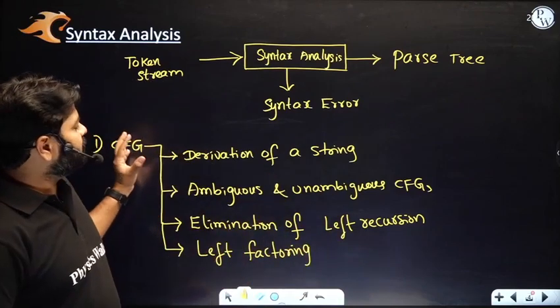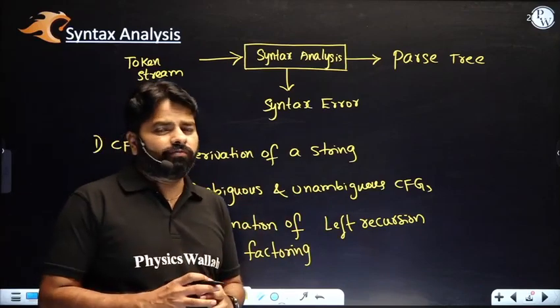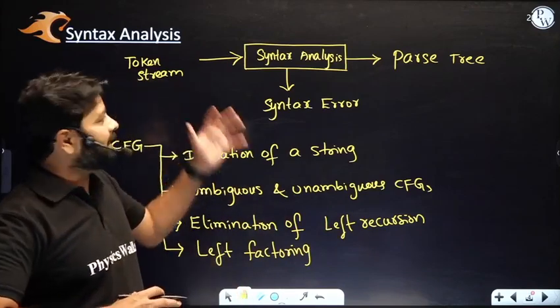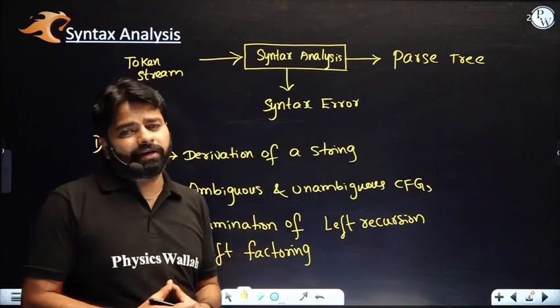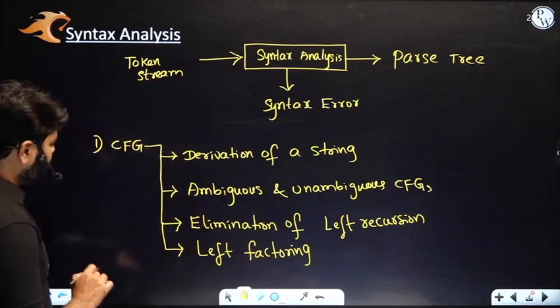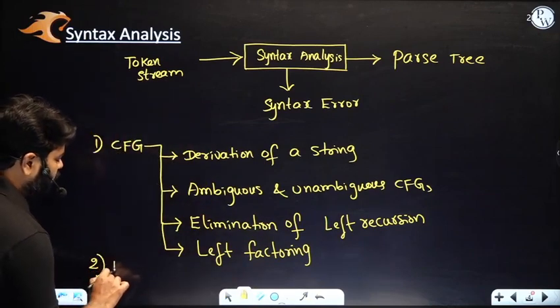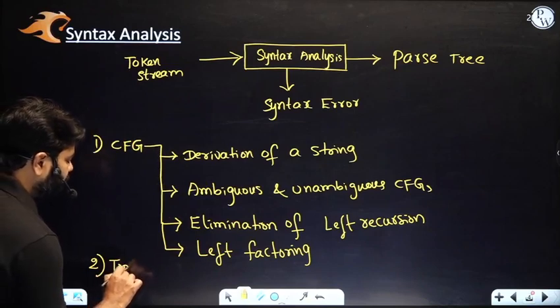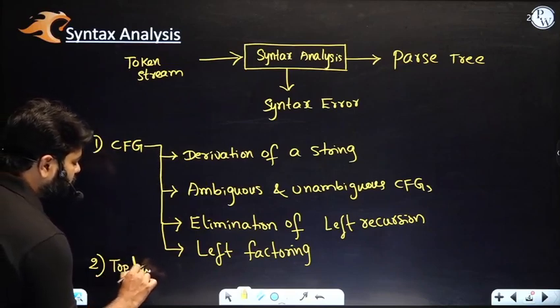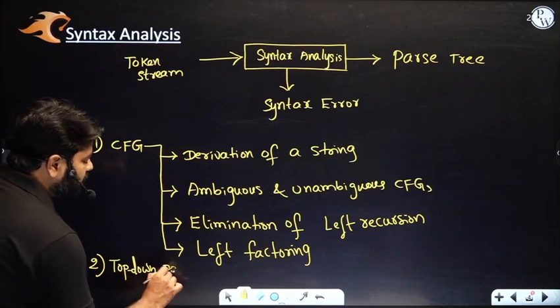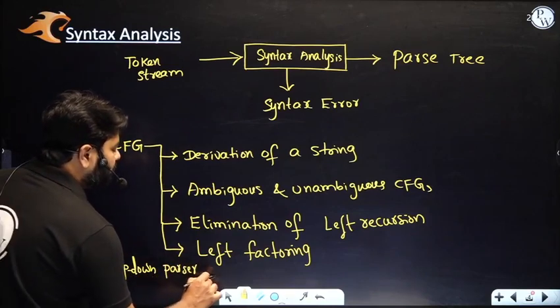Fine. This is the first topic. We'll learn about the basics of the syntax analysis. For that, you require a context-free grammar. Once you learn the context-free grammar, we'll move to the top-down parser as well as bottom-up parsers.